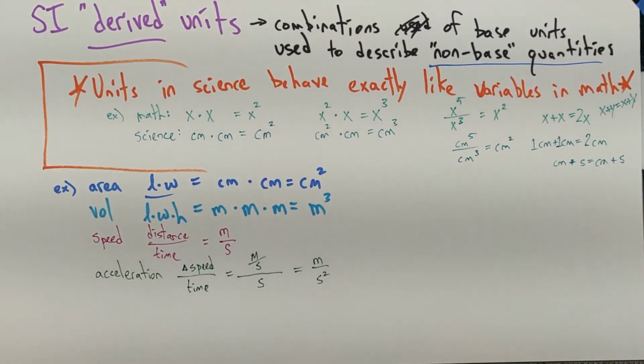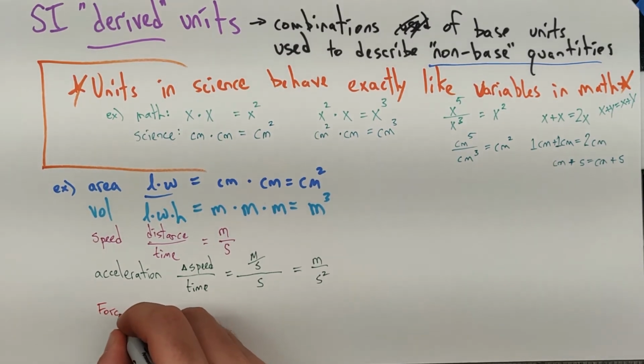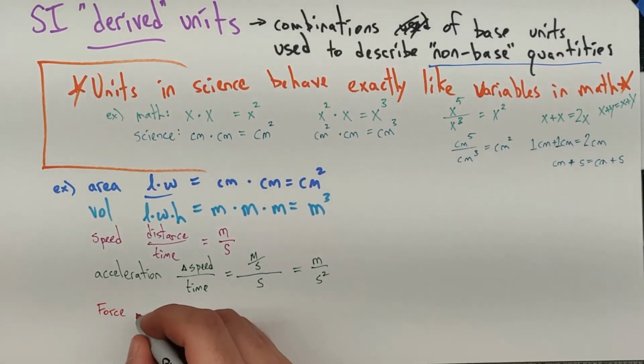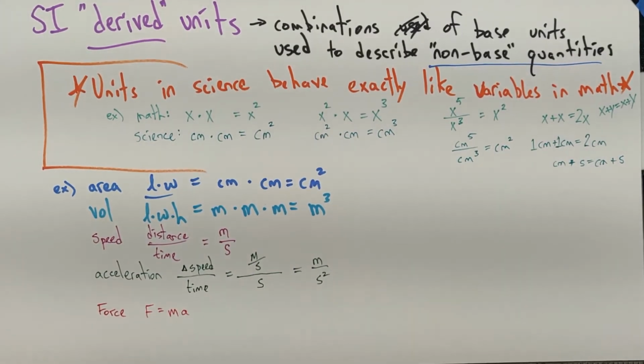If we look at Newton's second law of physics, we know that F equals ma. So force. And maybe some of you already know the unit of force is the Newton, but what is the Newton? The Newton's a derived unit based on some of these things that we've already seen. So F equals ma.